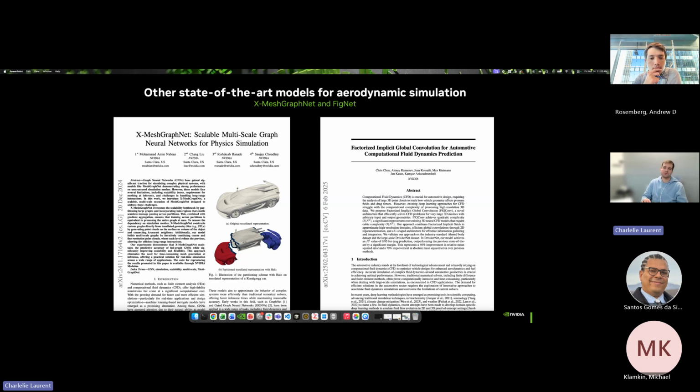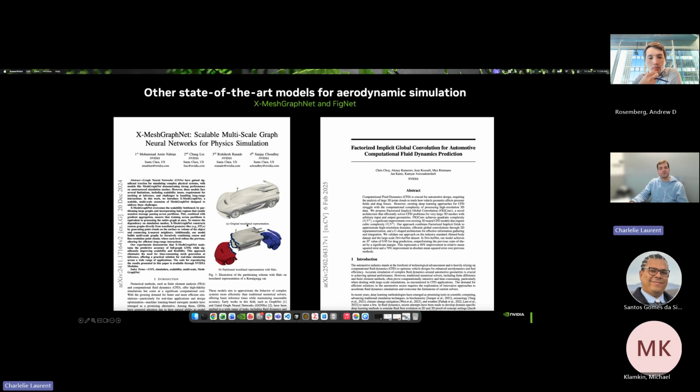This is another of those models that can handle all those complex geometries, and it is called X-MeshGraphNet. It's a graph neural network, so it's a totally different architecture. It's not a neural operator like DoMINO.